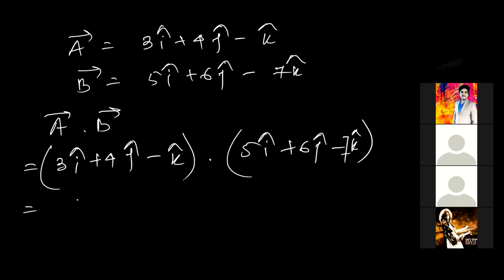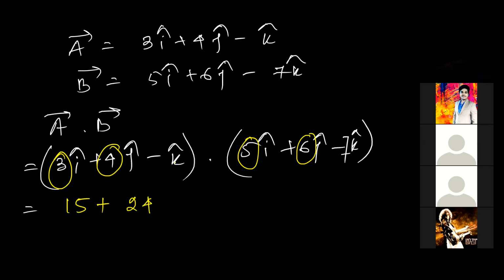Now, to find the dot product, just multiply the components of I cap of the two vectors. That means multiply 3 and 5. 3 fives are 15. I cap dot I cap is 1, so I'm not writing the 1 with this 15. Then multiply the component of j cap with the component of j cap of the other vector. 4 sixes are 24.